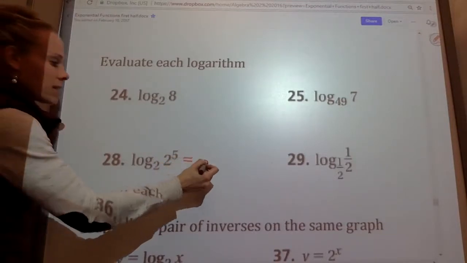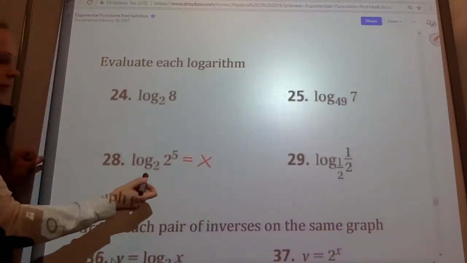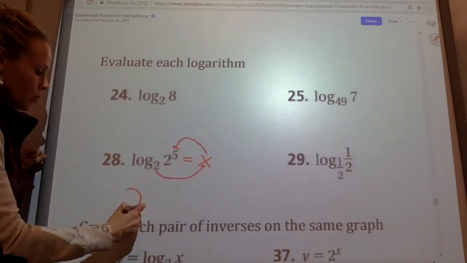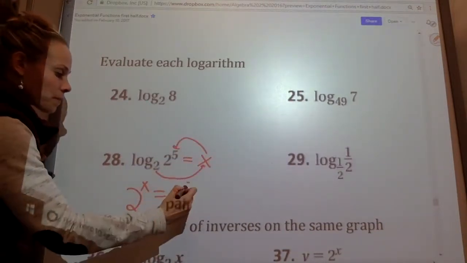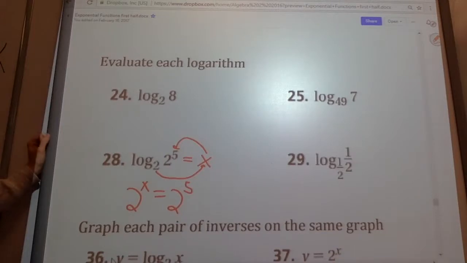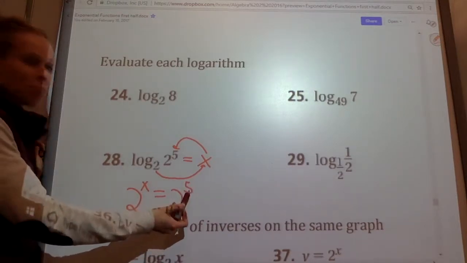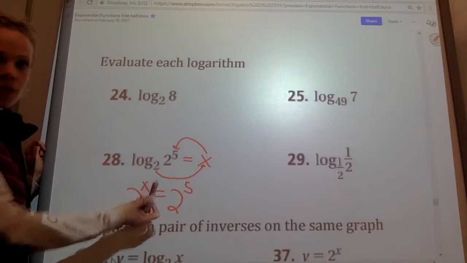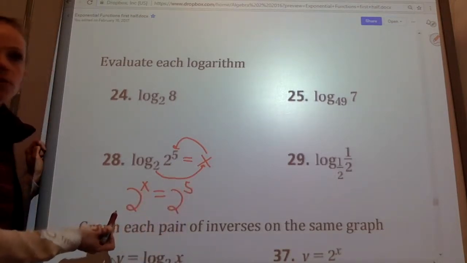Okay. Let's do the one below it here. So we don't know what this equals, right? So we say 2 to what power equals 2 to the 5th power? 5. Great. 5. If I have 2 to the 5th power, the only other thing this can be is 5. You can't have 2 to the 5th power equals 2 to the 7th power.